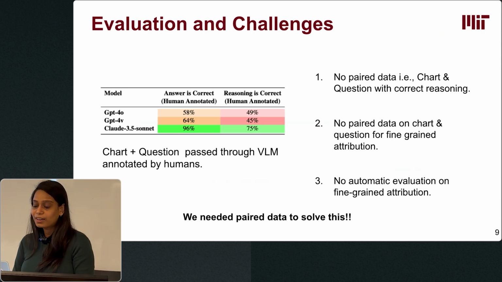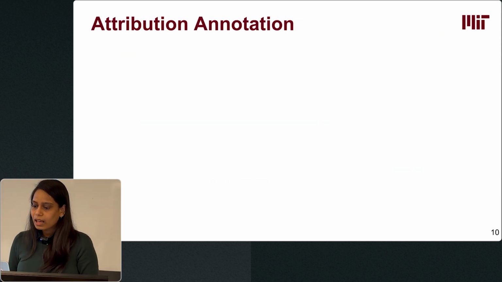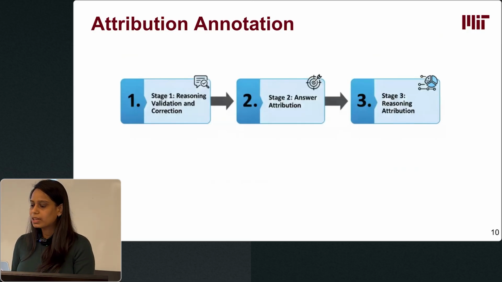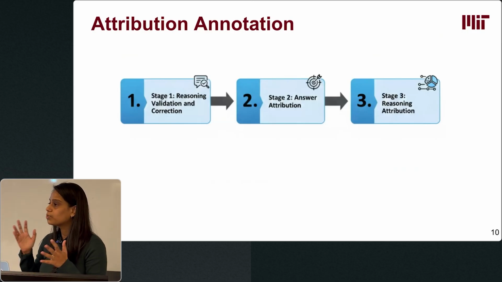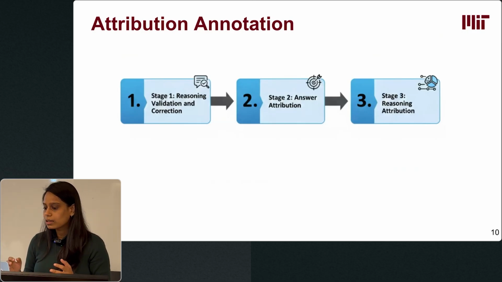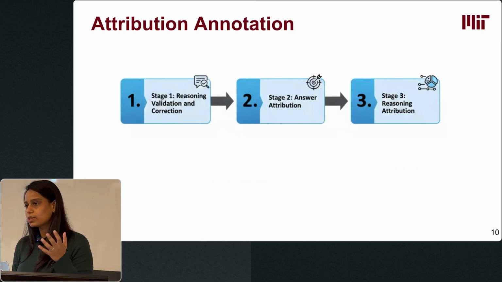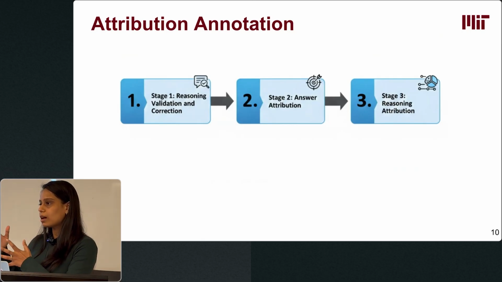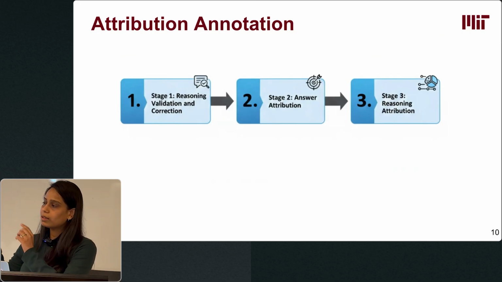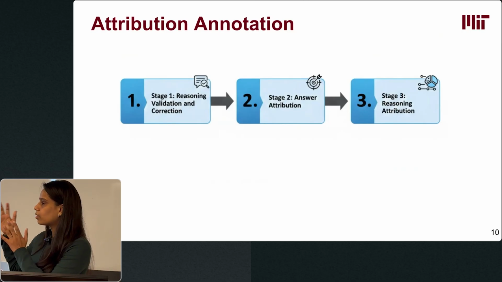So we needed paired data to solve this. We went ahead and hired annotators to do that. The attribution annotation task went in 3 stages. First was reasoning validation and correction, which was given a chart and question, the model gives us reasoning steps. We then passed it through a bunch of human annotators to annotate step-by-step reasoning by saying, okay, this reasoning is correct or it's not correct.